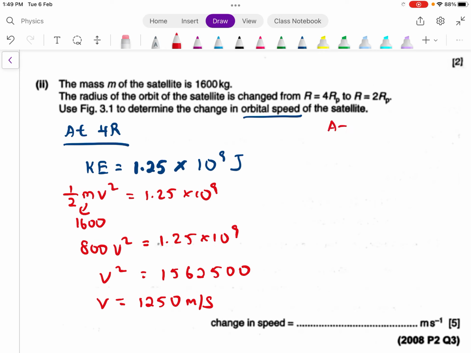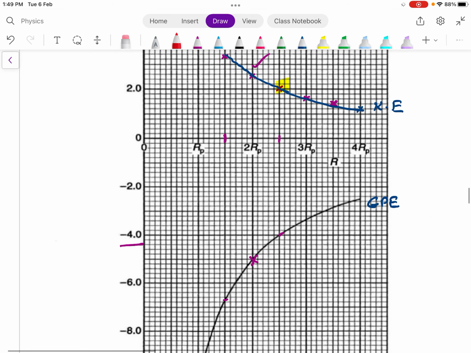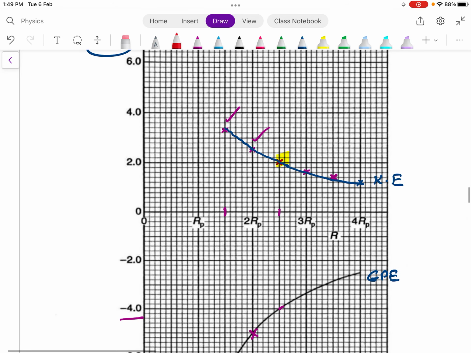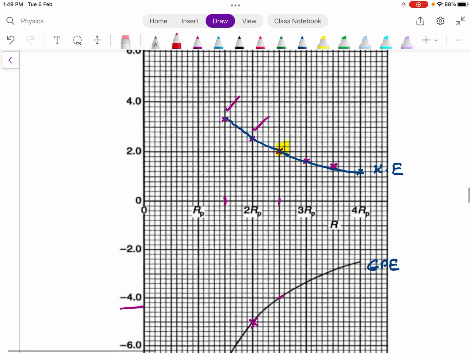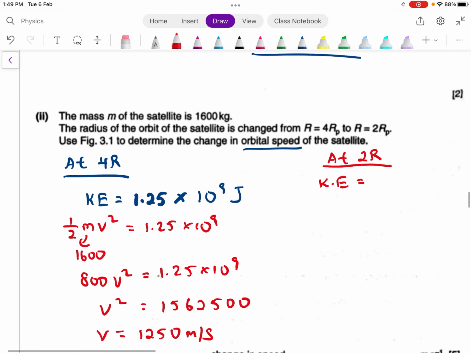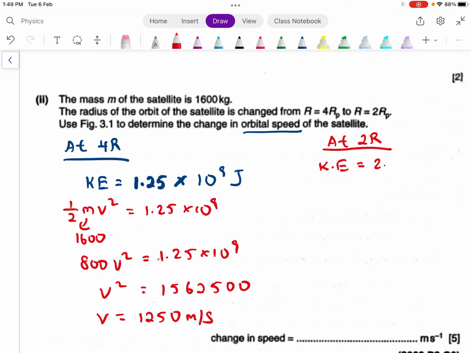Okay, at 2R, what is my KE? KE will be equal to, let's see, 2R is right here, roughly about 2.5 times 10 to the power of 9 joule. So half m v square equals 2.5 times 10 to the power of 9.